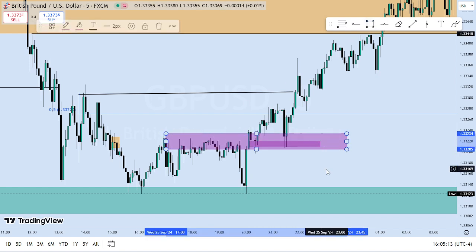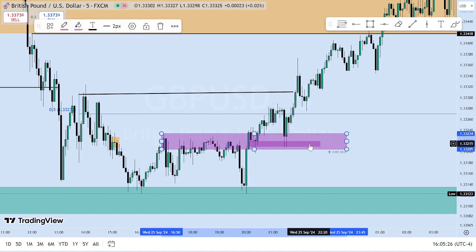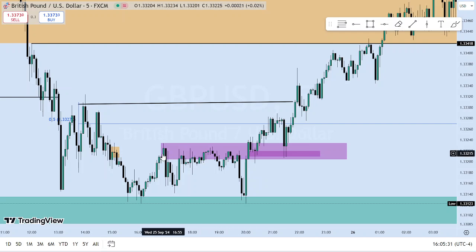So any candle that comes to deliver inside this breaker is not going to come lower. This breaker will now stand as a support level. Are you with me? Yeah, this breaker will now stand as a support level.